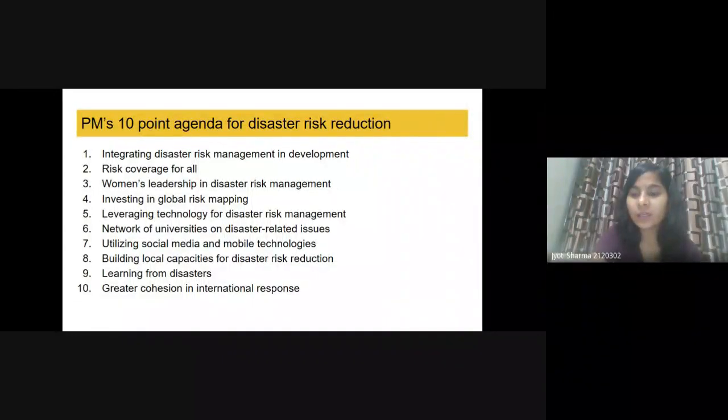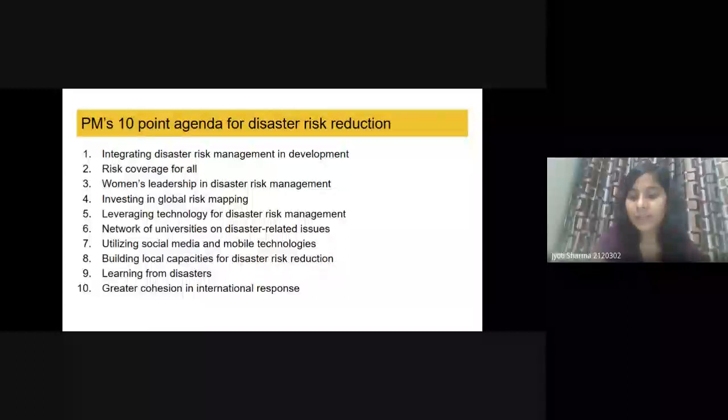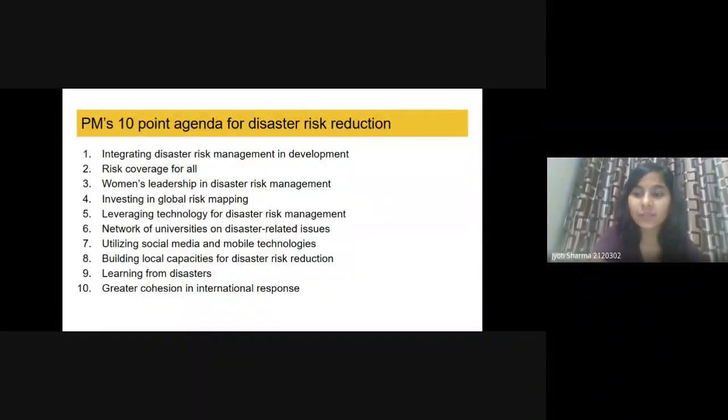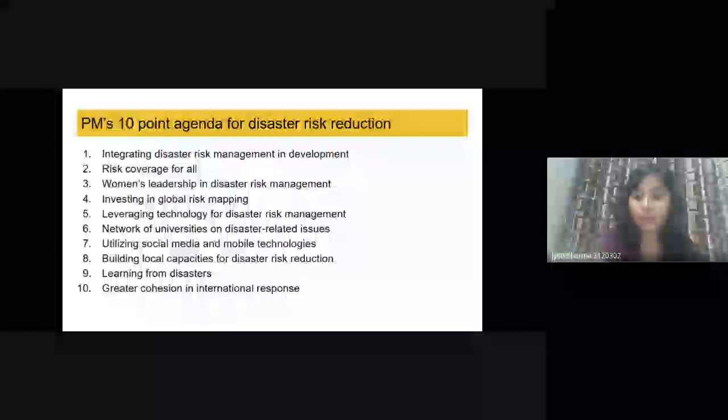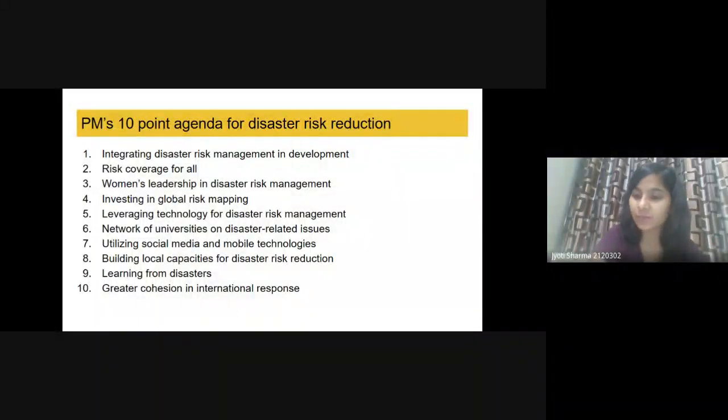So they may not know about disaster risk management, but they know all about the houses and the nearby things, so these women can help better in disaster risk management. Yes, Kuldev.